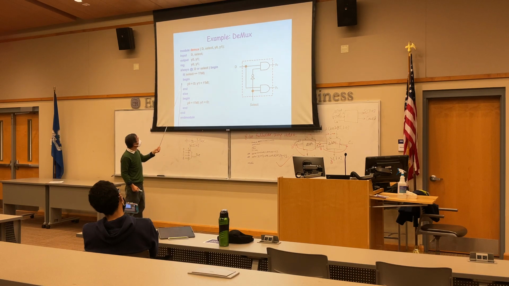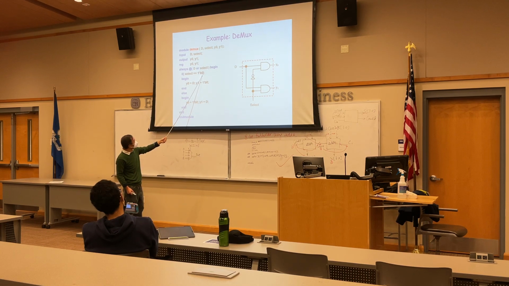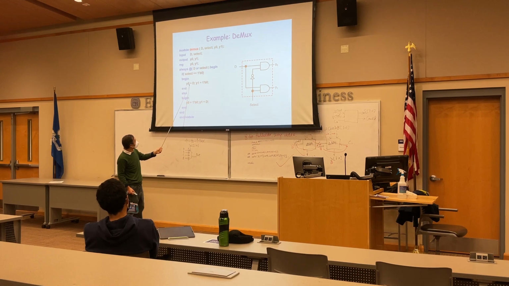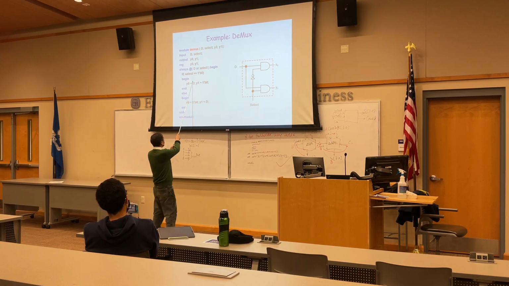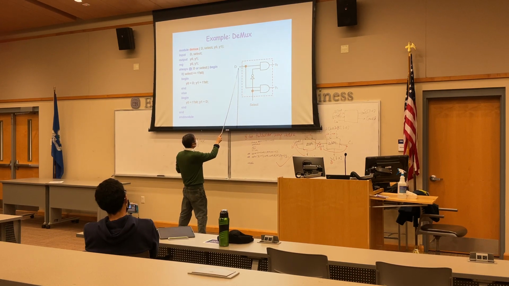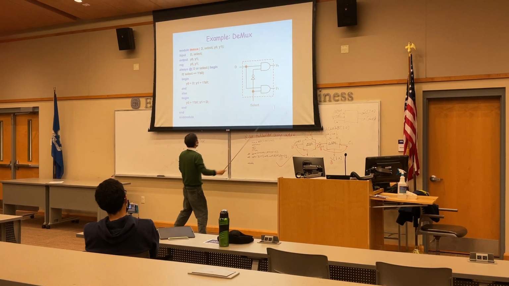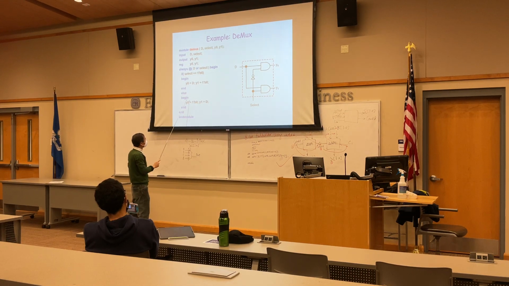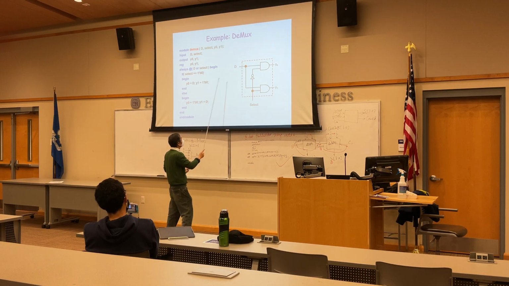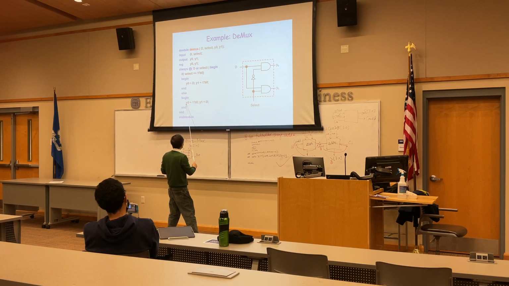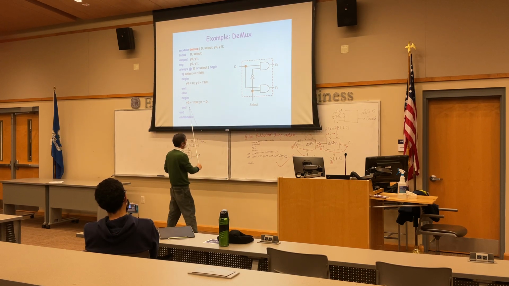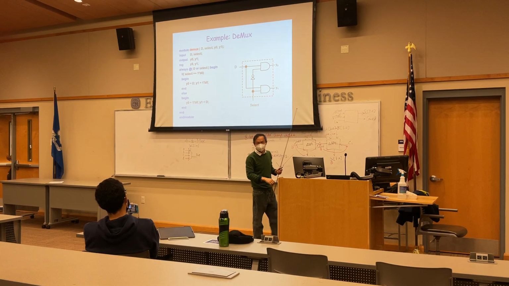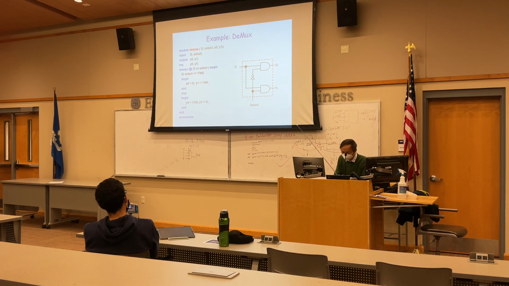If-then: if select is 0, then D goes to Y0, and 0 goes to Y1. Else, that means select is 1, then D goes to Y1, and Y0 will be 0. Is it okay? That's the demux.